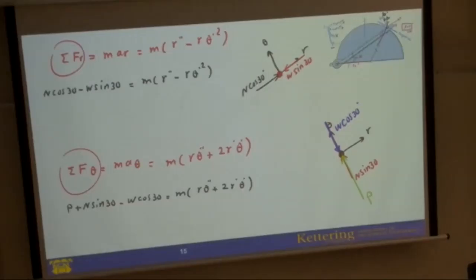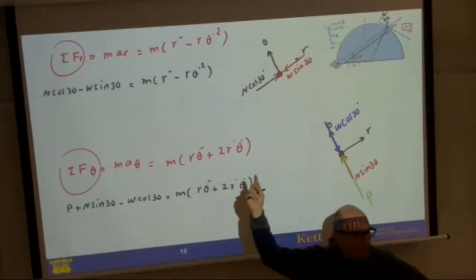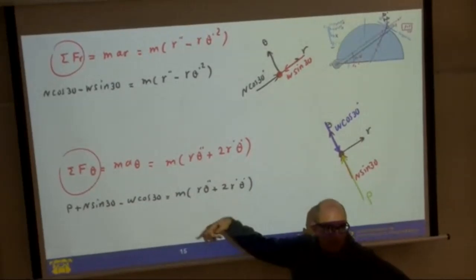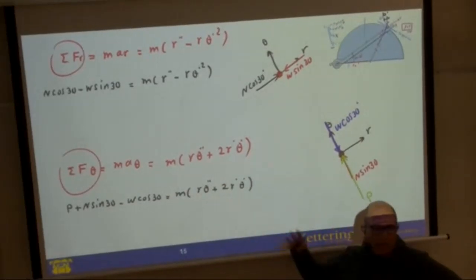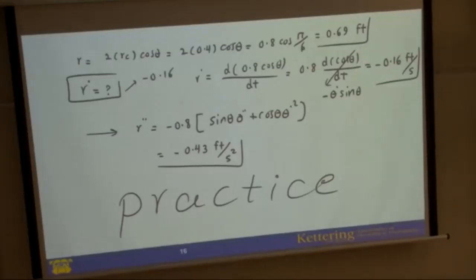This is my experience from my previous students. They cannot find R dot and R double dot for the problems. Put those numbers in here, and finally they will find some numbers that are not correct. This is the reason I asked all of you to do these at home.